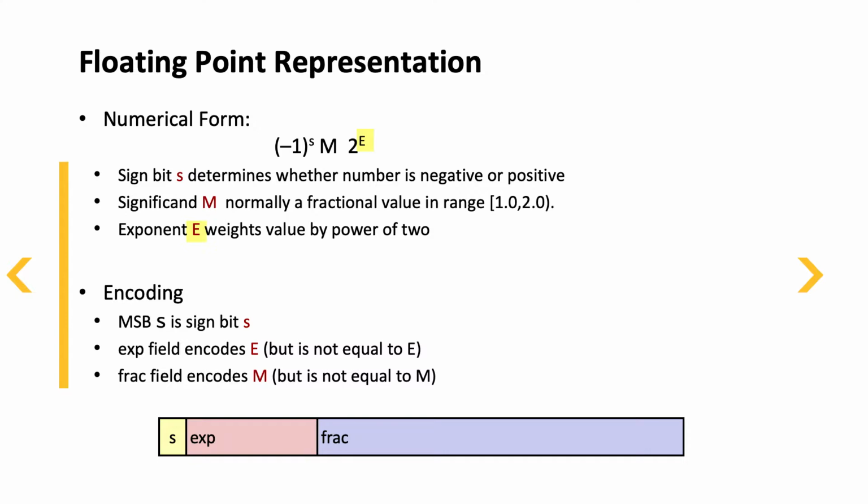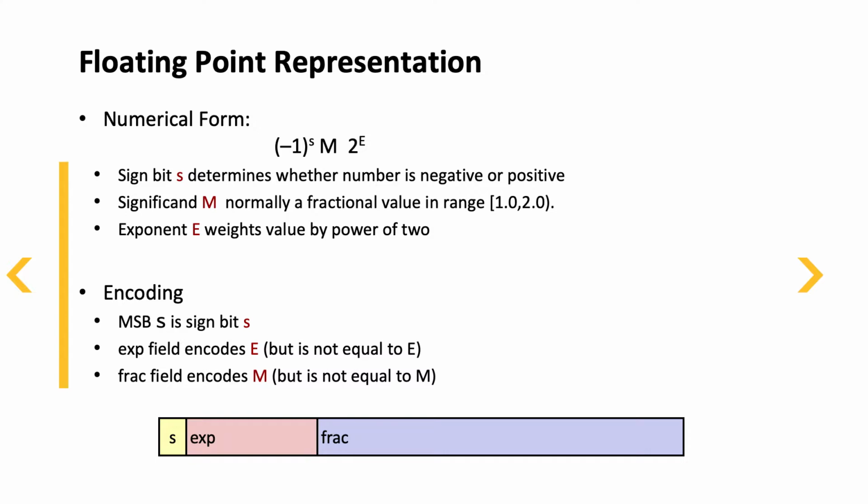When we look at these fields down here, we actually have some different names, and that can be a little confusing, because what we're talking about in this mathematical representation on the top are the values, the mathematical values. This is what we're talking about in a more abstract way. When we look at the fields that would actually contain the bits, we're going to have the EXP field, which encodes E from the top.